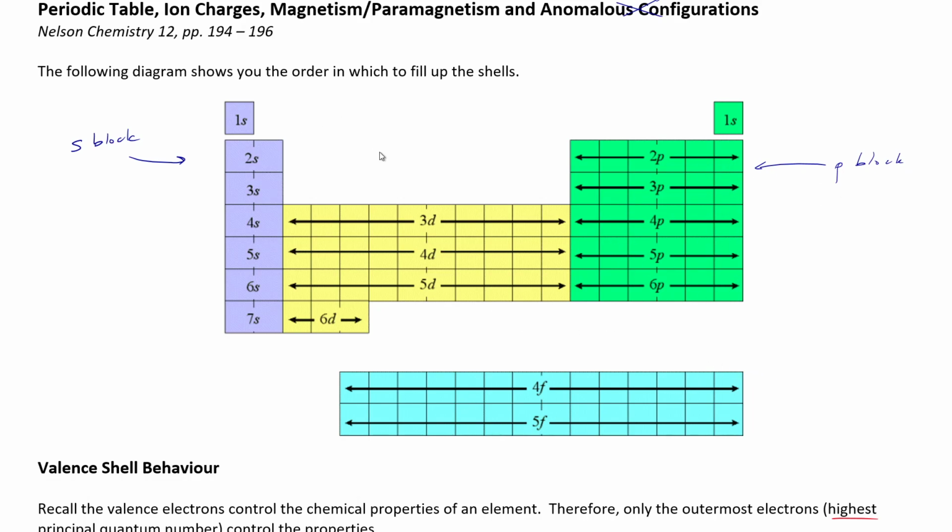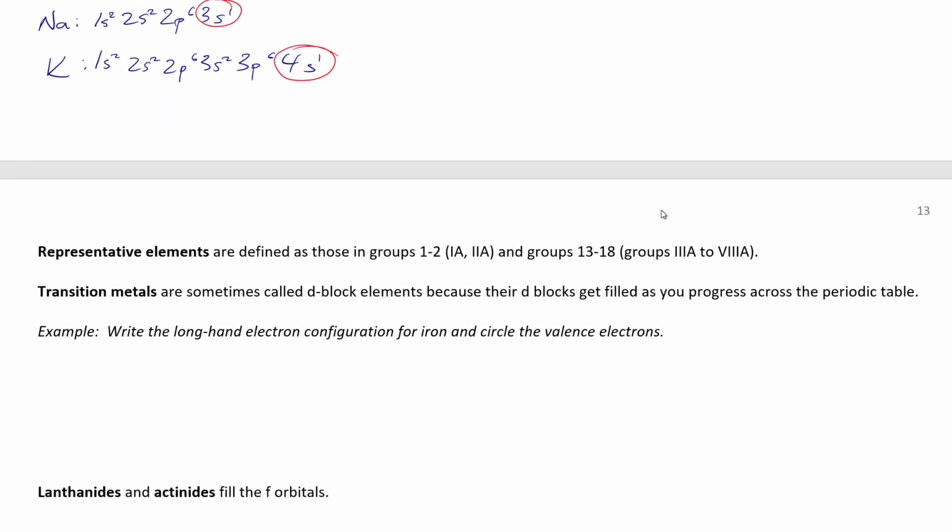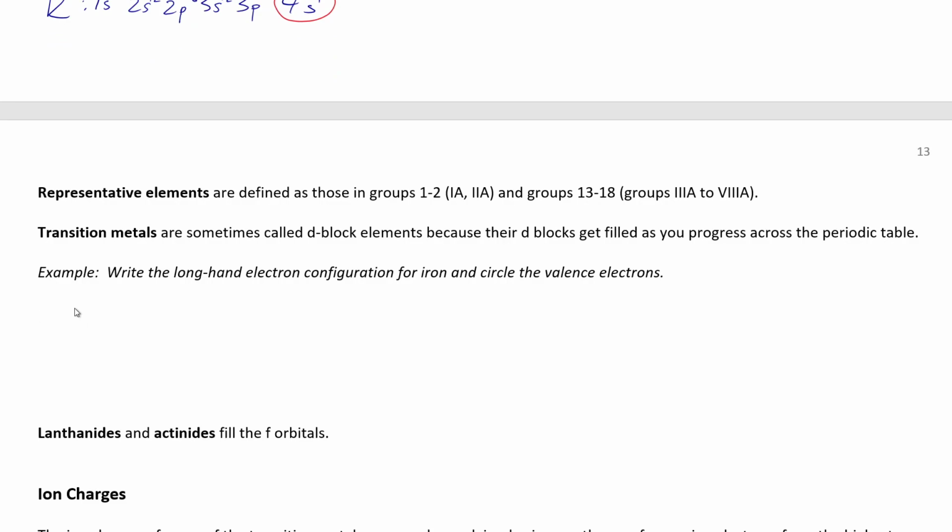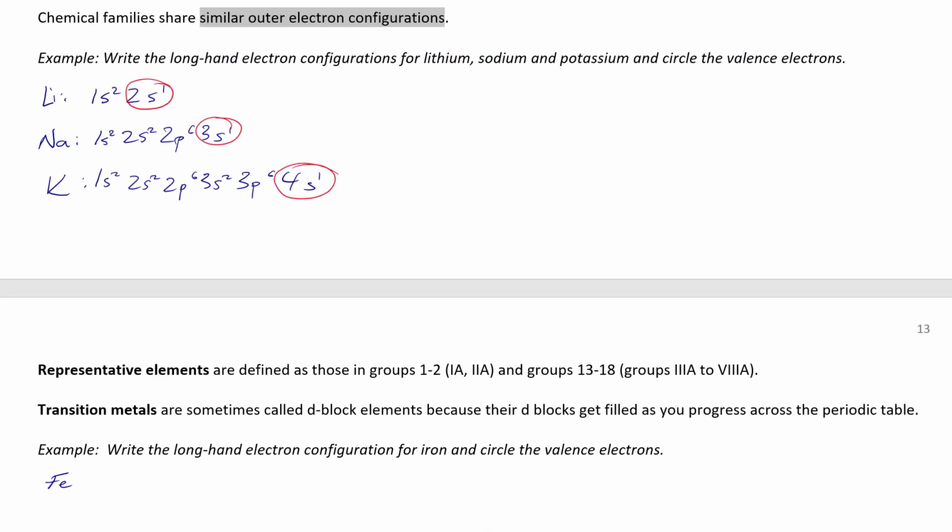Obviously this is your F block, and that is your D block. Okay, so transition metals are sometimes called D block elements because their D blocks get filled as you progress across the periodic table. So let's do iron. We have to find iron on the periodic table, and so let's take a second and locate it.